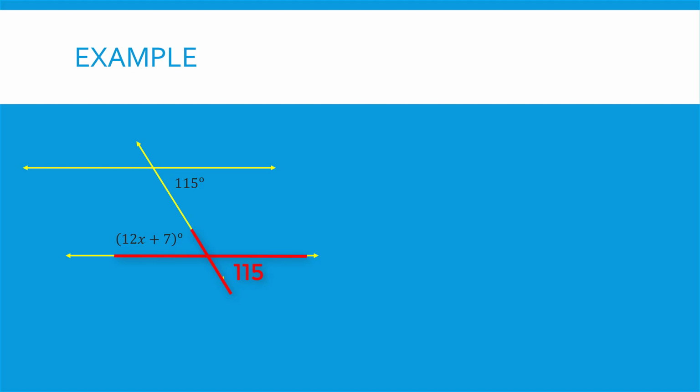So this allows us to say that alternate interior angles are congruent. And so algebraically, 115 equals 12x plus 7. Alternate interiors are congruent, and that would be our reasoning. I'm going to shorten it here, and you are welcome to shorten it as well.